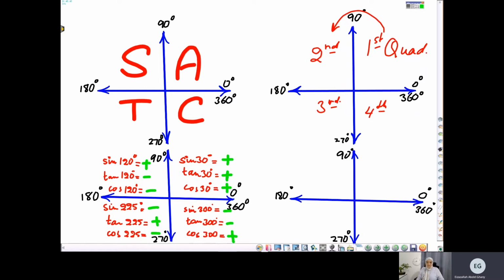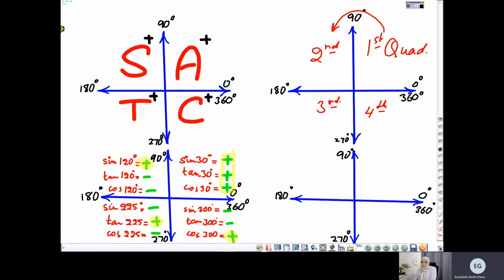Yes, it's positive half. So let's consolidate this idea: all functions are positive in the first quadrant, only sine is positive in the second quadrant, only tan is positive in the third quadrant, and only cosine is positive in the fourth quadrant.